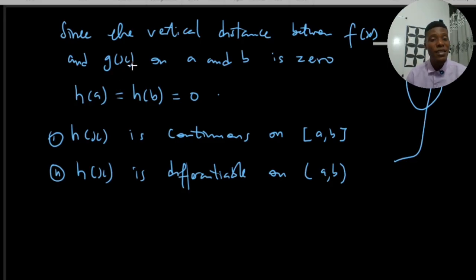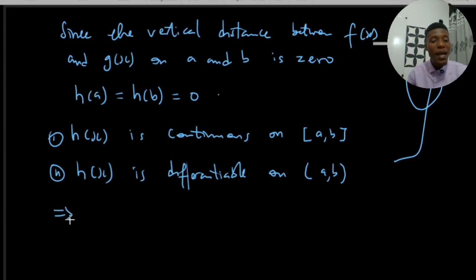The Rolle's theorem says that if h of x is continuous and differentiable on the interval that we define, and also if h of a is the same thing as h of b, then there exists at least a number c such that h prime of c is equal to 0. Go back to your Rolle's theorem and compare.